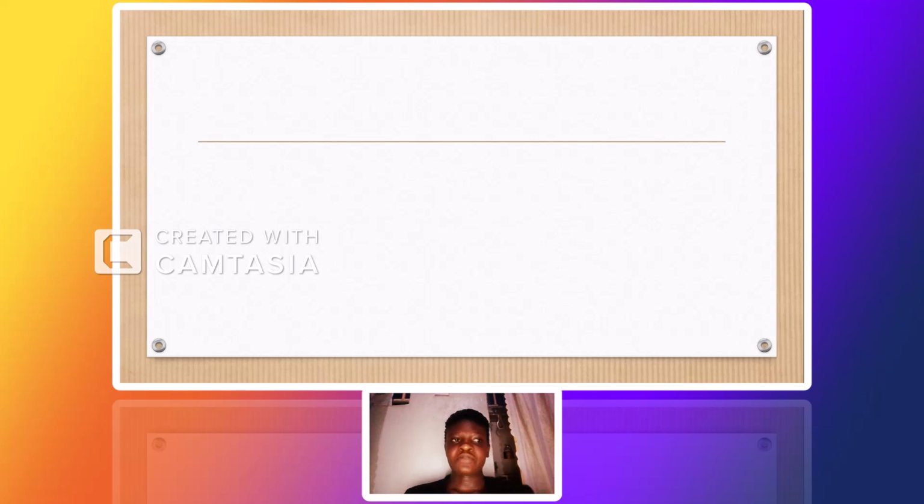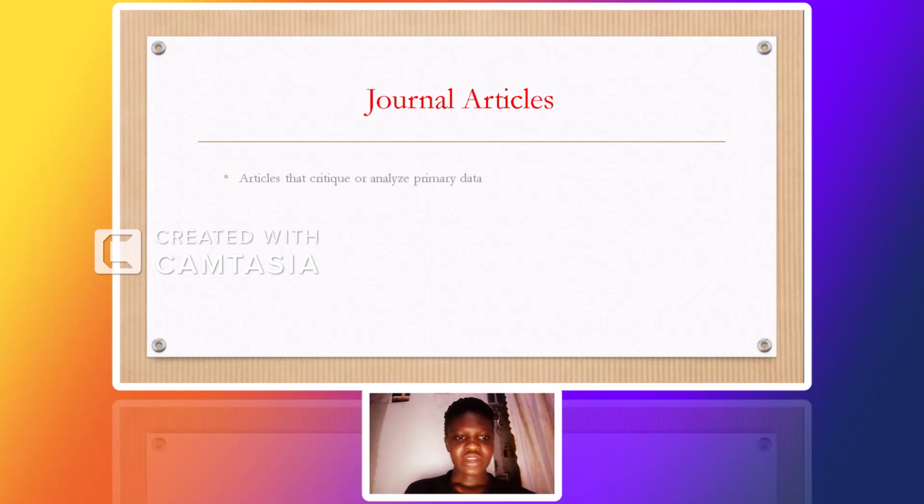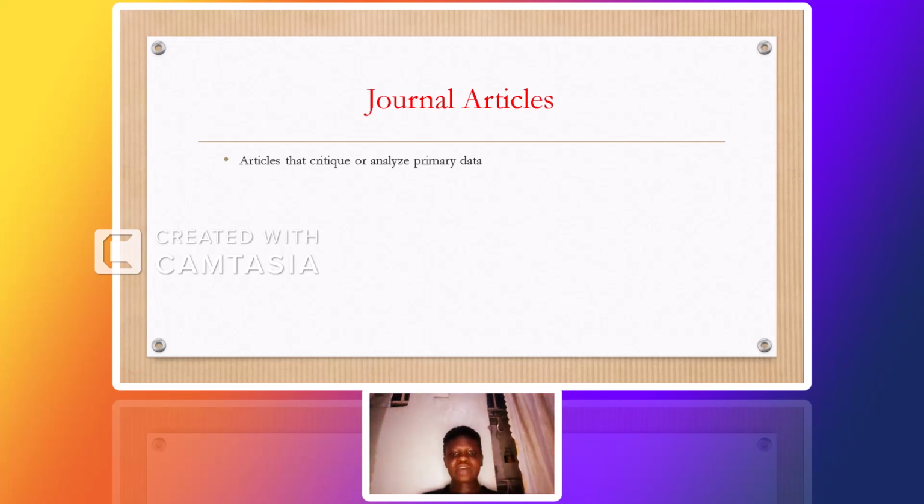Another source of information which we are going to look at is journals or articles, which are really common. I believe you have all heard of articles. Are we together? Concerning journal articles, articles that criticize or analyze primary data are secondary sources of information.